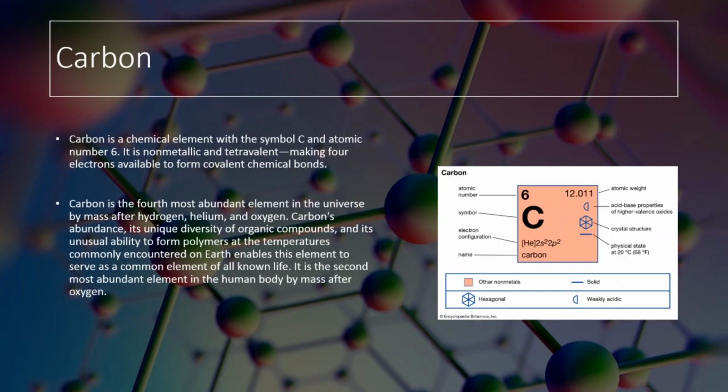Carbon's abundance, its unique diversity of organic compounds, and its unusual ability to form polymers at the temperatures commonly encountered on Earth enables this element to serve as a common element of all known life. It is the second most abundant element in the human body by mass after oxygen.